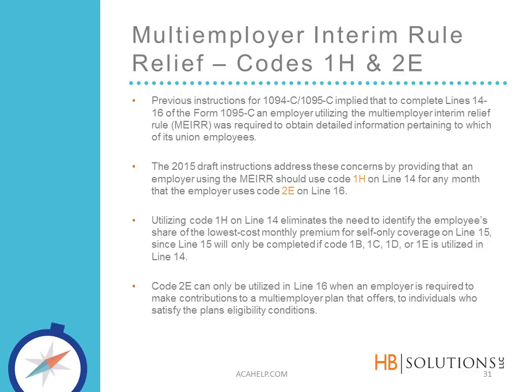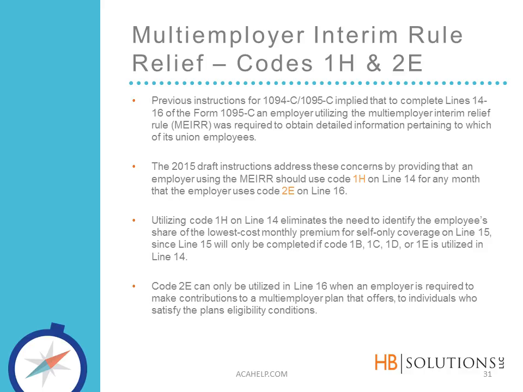So the 2015 instructions attempted to address this issue by providing that an employer utilizing this interim guidance should enter code 1H, which means no offer of coverage, on line 14 for any month the employer uses code 2E, the multi-employer interim relief code, on line 16. So by entering 1H in line 14, line 15 can be blank.